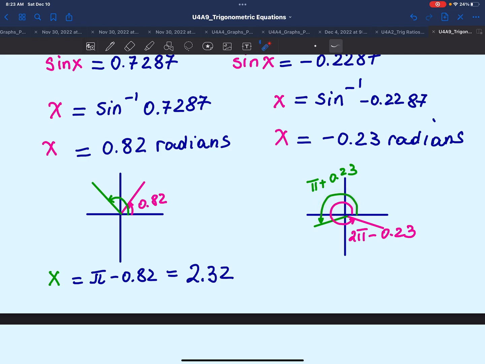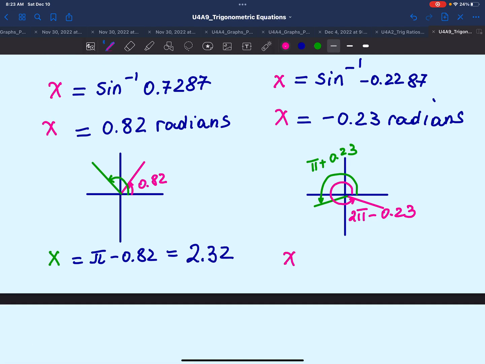So let's evaluate this, and we'll have the angles x and y equal to, use the calculator to find pi plus 0.23, and you get 3.37 radians. And 2 pi minus 0.23, which will give 6.05 radians.